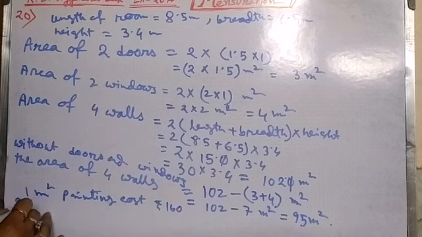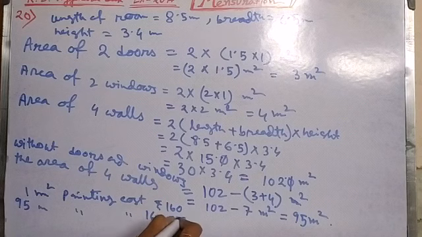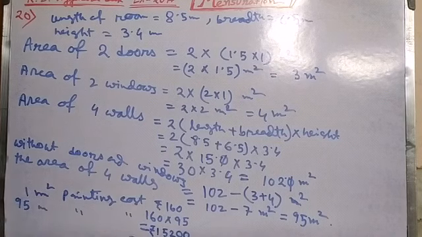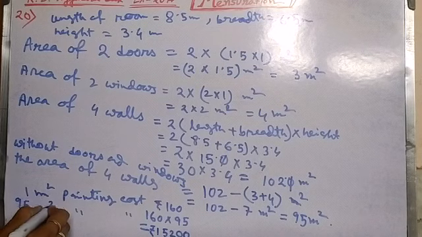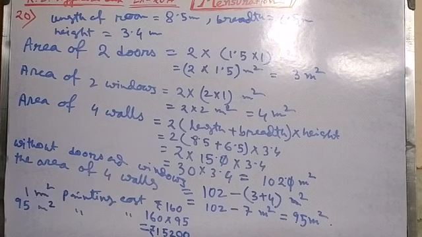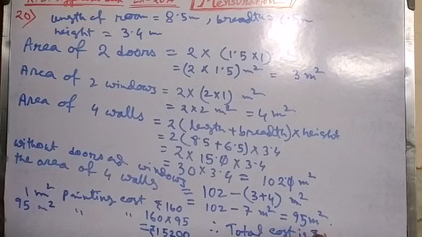Then 95 meter square painting cost 160 into 95. So 95 meter square painting cost rupees 15,200. Therefore total cost is rupees 15,200.